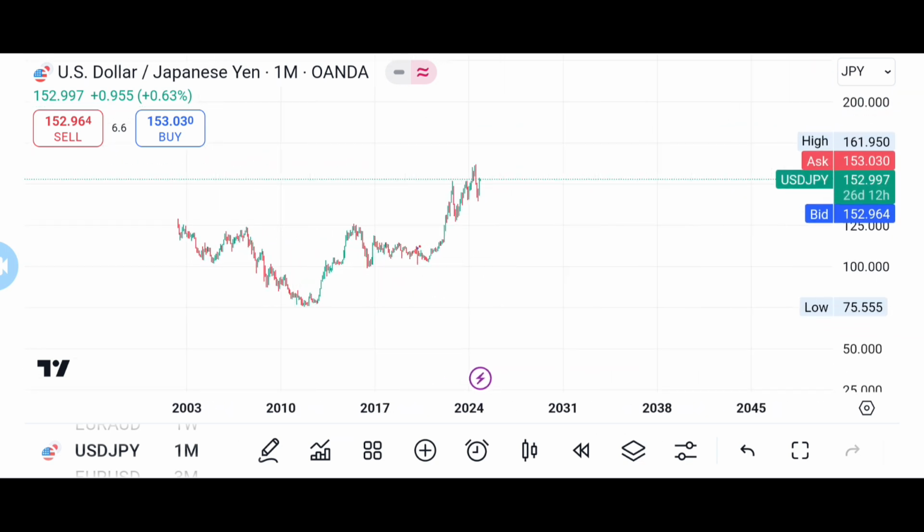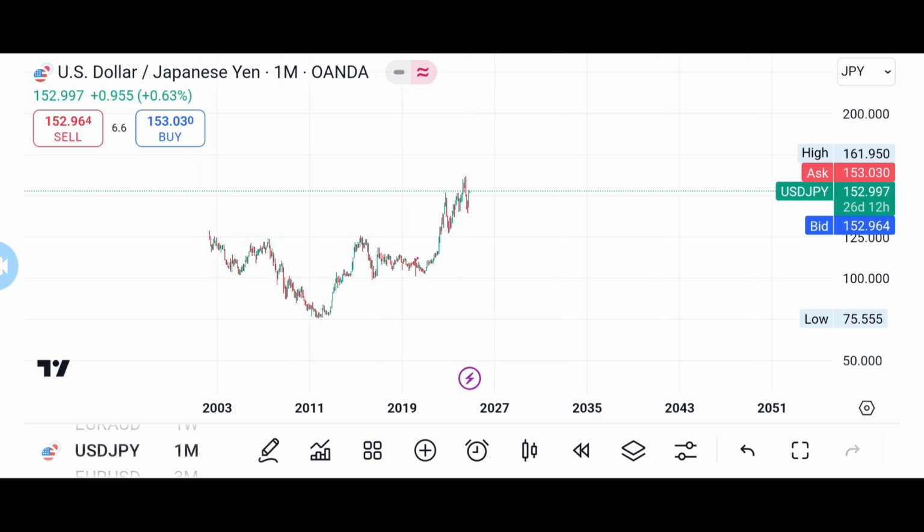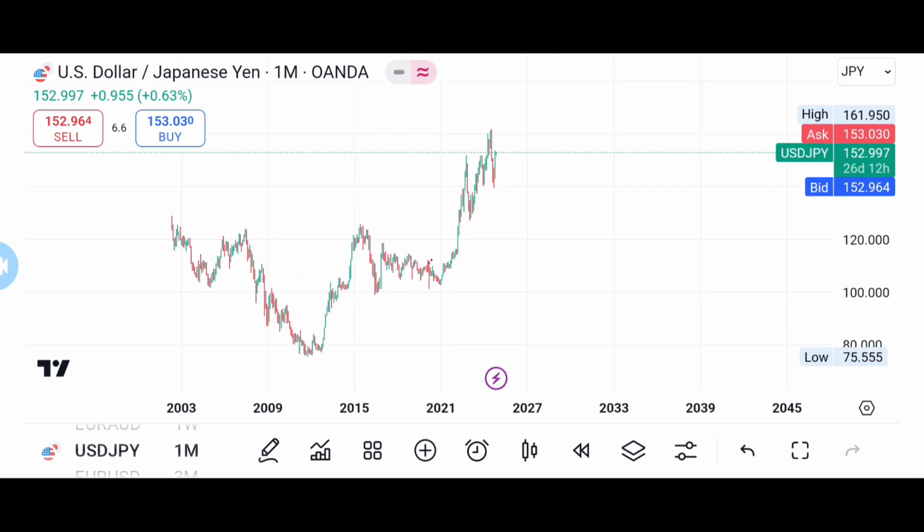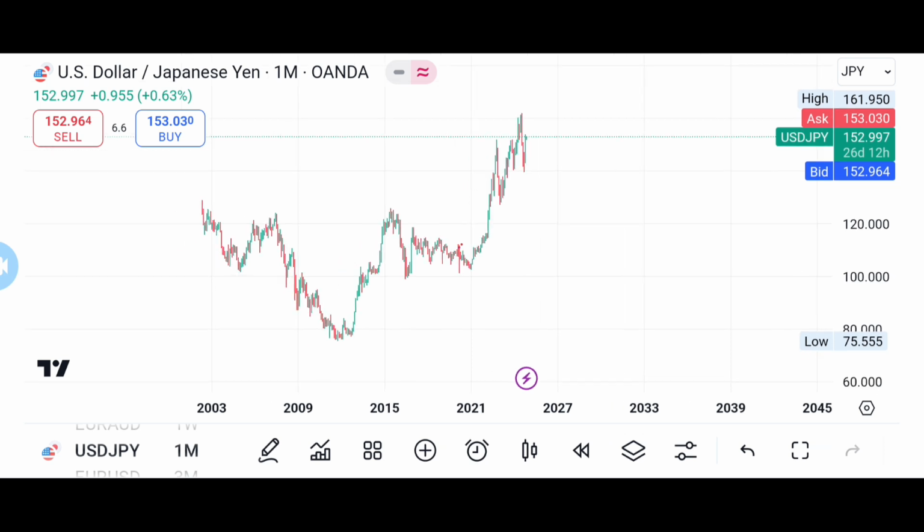In my macro time frame, I don't spend a lot of time there, because I only want to see the general direction of the market. This is USDJPY. So I want us to see in the monthly time frame what is the general direction of the market.